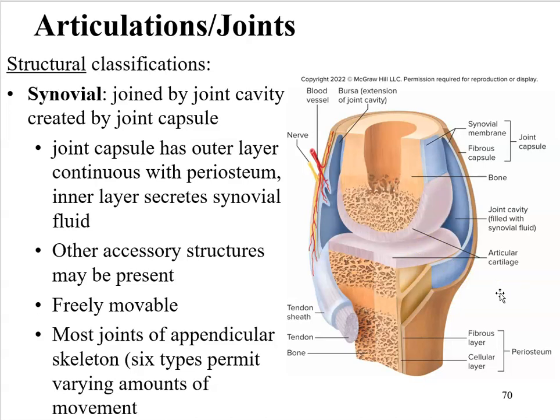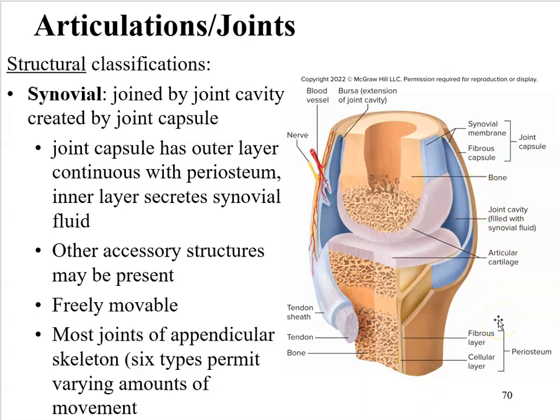The joint capsule is a connective tissue membrane. The outer layer is fibrous, with fibrous connective tissue that is continuous with the periosteum of the bone.